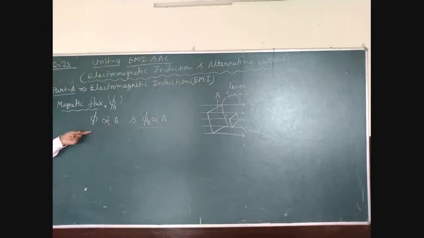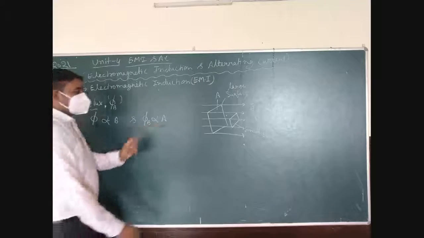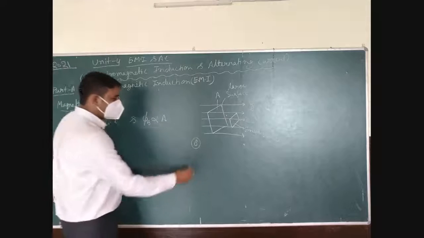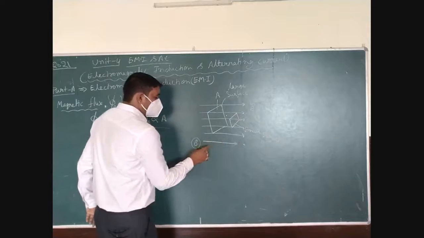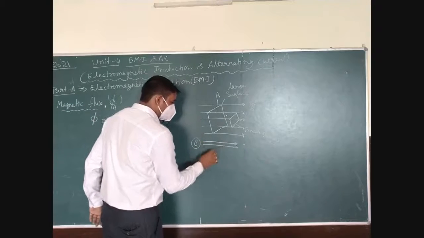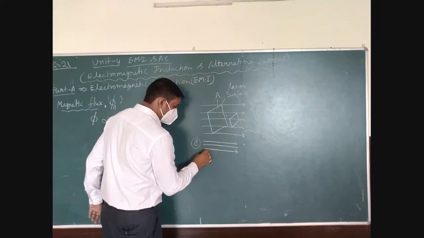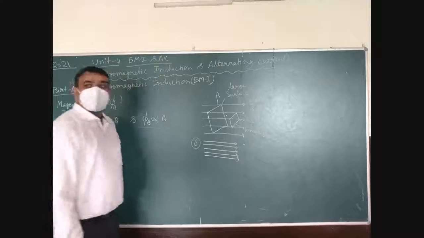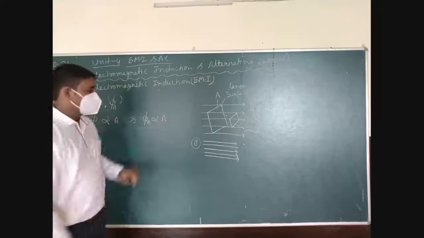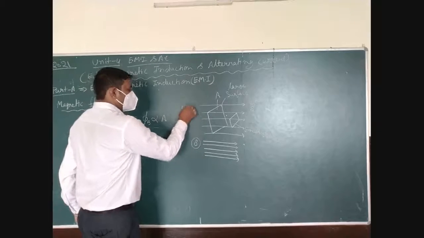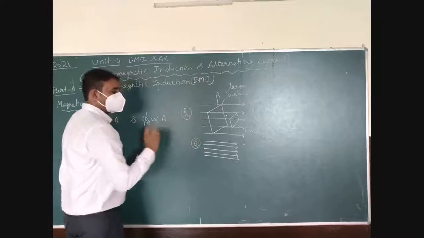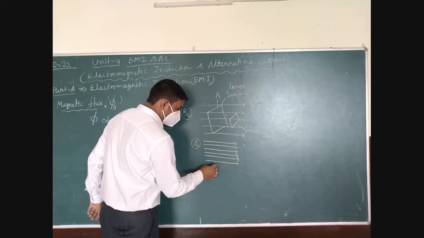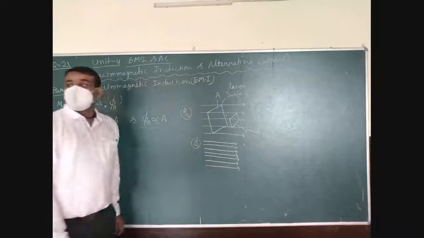Now we understand about the magnetic field. Suppose we have a magnet whose uniform field is given by B1, and another one B2.